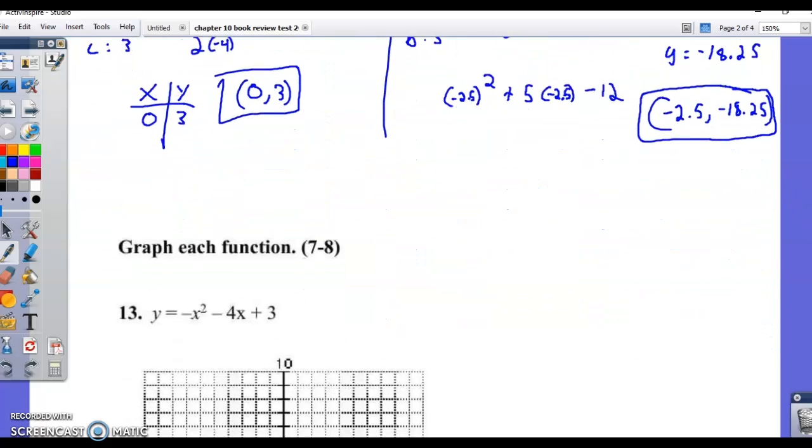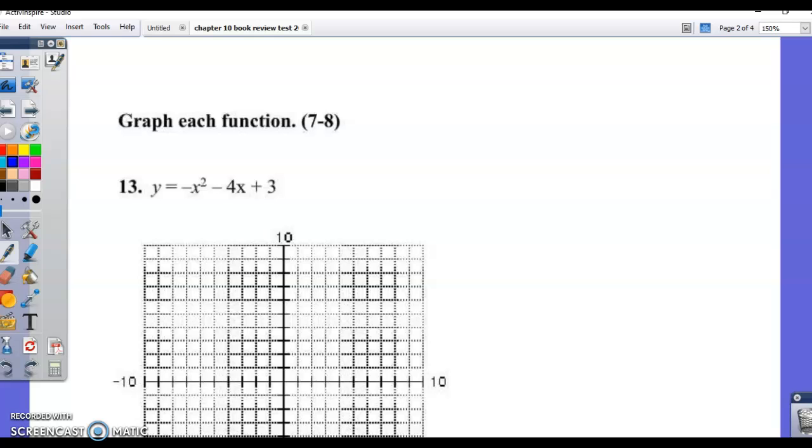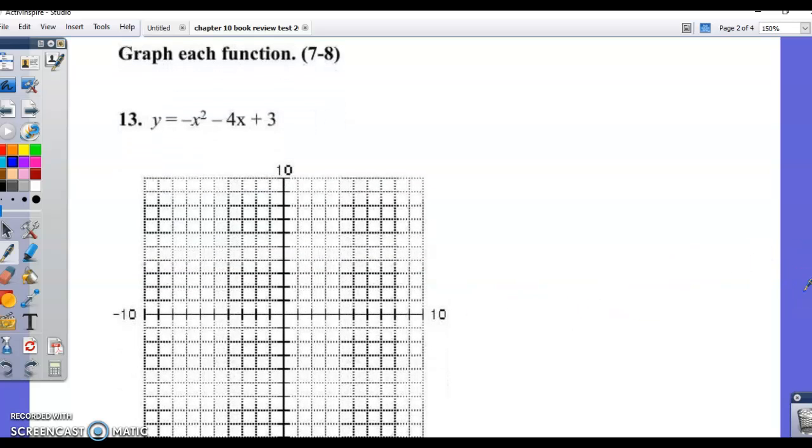All right, graphing each function. So we talked about different ways of graphing this. First thing we're going to do is find the vertex, and we're going to find a point to the right and a point to the left. So I'm going to put my XY chart here, and the first XY point I'm going to find is my vertex. So again, I'm going to identify A, B, and C, and really just A and B is what I need.